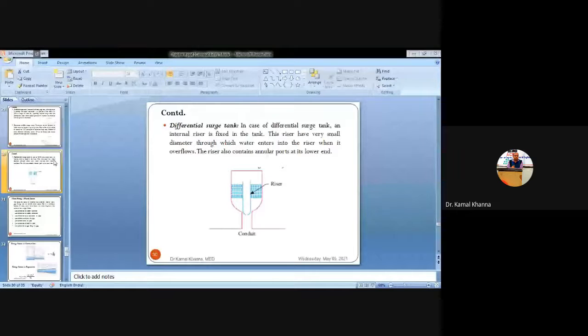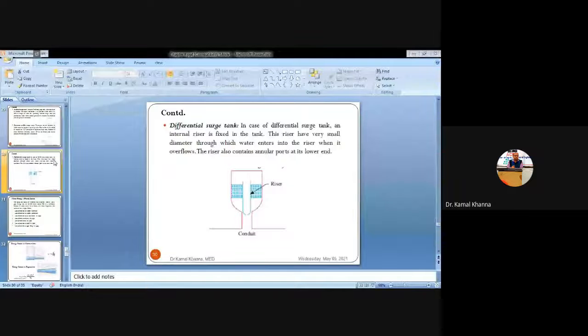Whenever the water enters the riser, it overflows and rises. The riser also contains angular ports at the lower ends. So the differential surge tank is very rapid in its action, and hence has the additional advantages of reducing the pressure rise and also increasing the kinetic energy.